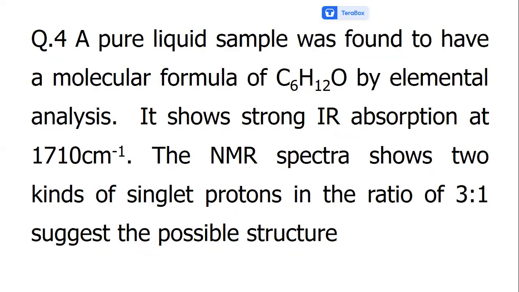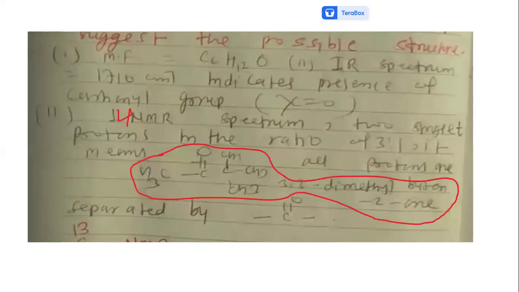A pure liquid sample was found to have a molecular formula of C6H12O by elemental analysis. It shows strong IR absorption at 1710 per cm. The NMR spectrum shows two kinds of singlet protons in the ratio of 3:1. Suggest the possible structure.